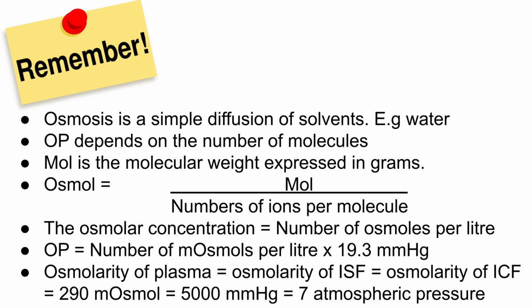Osmotic pressure equals the number of milliosmoles per liter times 19.3 millimeter mercury. And finally, the osmolarity of plasma equals the osmolarity of ISF, which equals the osmolarity of ICF, which equals 290 milliosmoles, which equals 5000 millimeter mercury, which equals 7 atmospheric pressure.